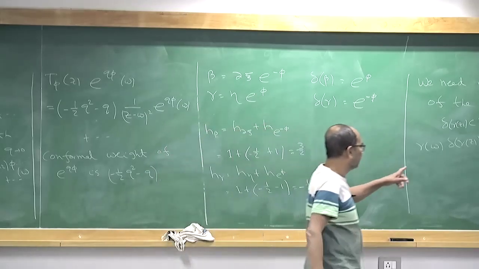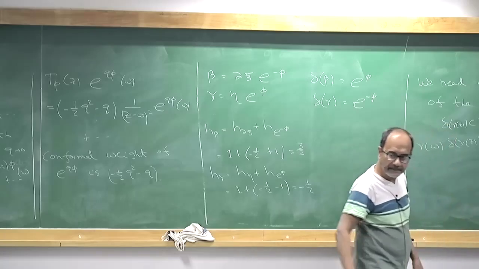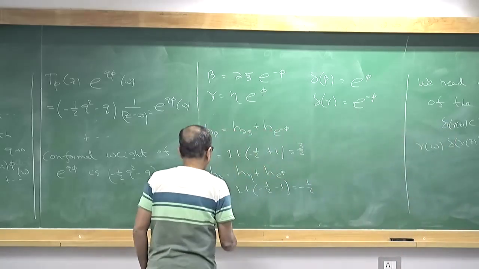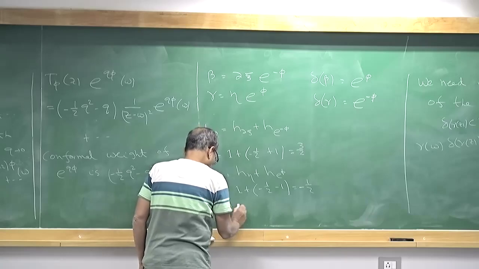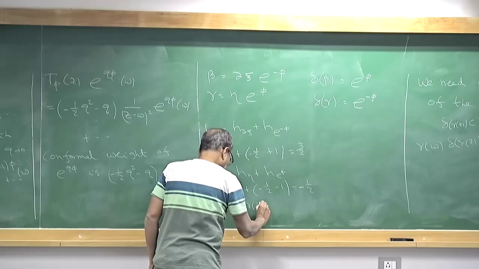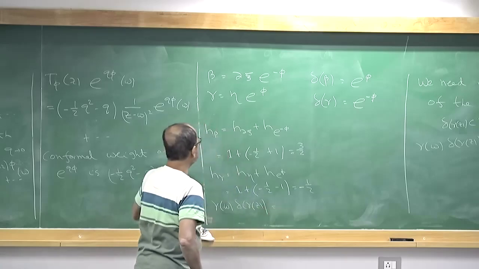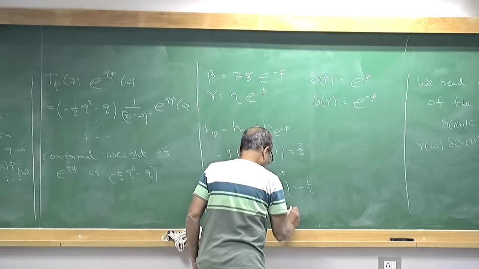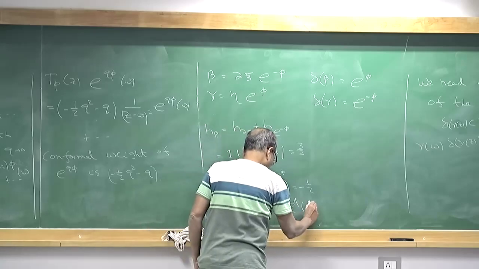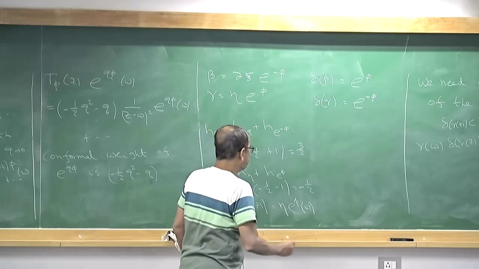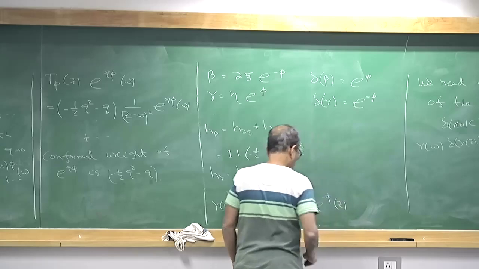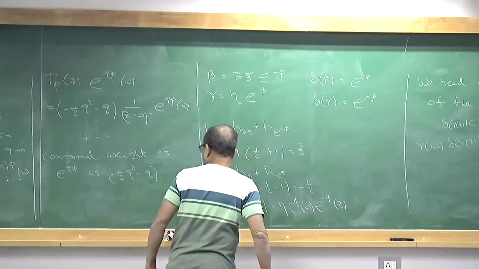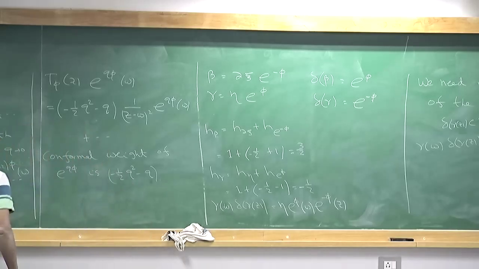This property, that gamma of W with delta gamma of Z should be 0. Let's check what that is. Gamma of W, delta gamma of Z. According to this, it's eta e to the phi of W, and delta gamma of Z is e to the minus phi of Z. So this OPE goes as W minus Z to the power minus Q1 Q2, so plus 1.